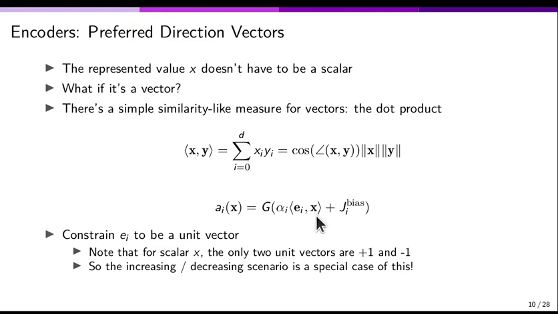This encoding vector, we constrain it to be a unit vector. We also have a scaling factor out here, and we have a bias factor. All that combination of things tells you how much current is going to be flowing into the neuron.